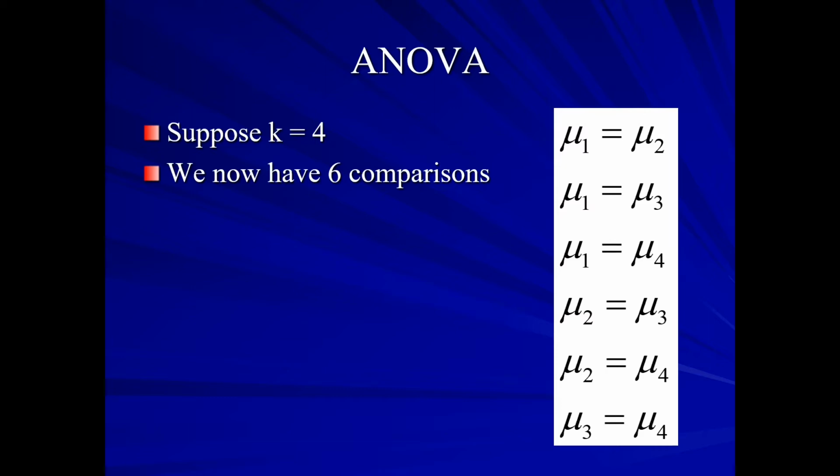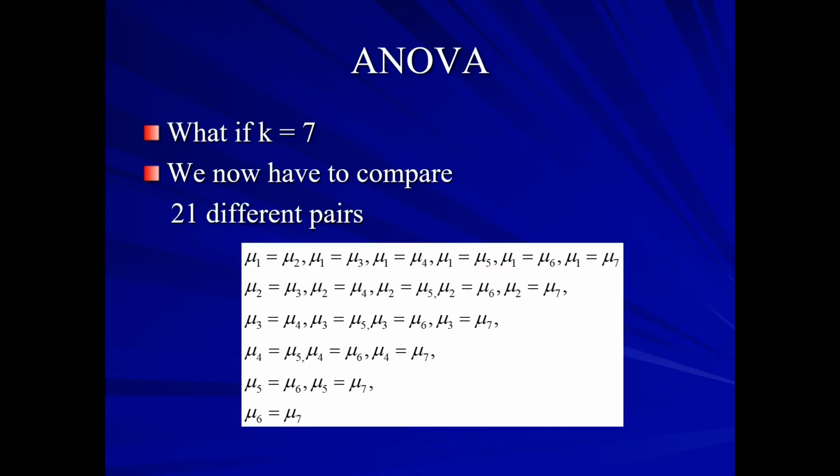That means we have 6 comparisons. But what happens as we get larger and larger populations? Suppose k equals 7. Well, now we have to compare 21 different pairs. That's a lot of comparisons.